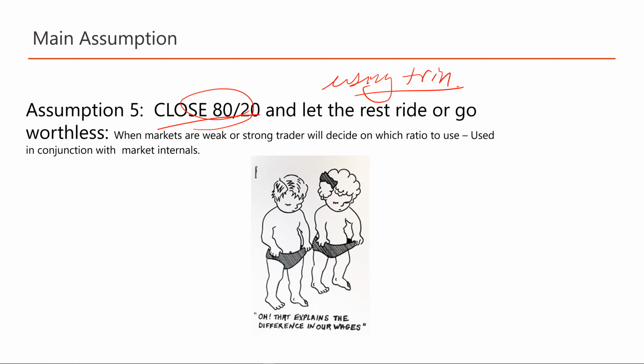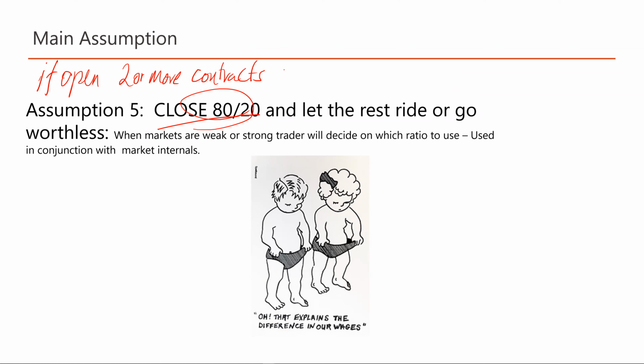But that's the last assumption: if you open up 2 or more contracts, so let me just write this out, i.e. 10 contracts, then obviously you can follow the previous method where you close off half.